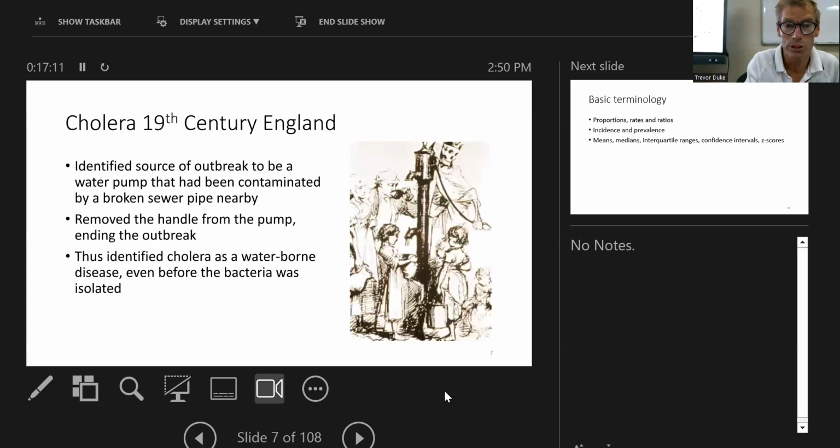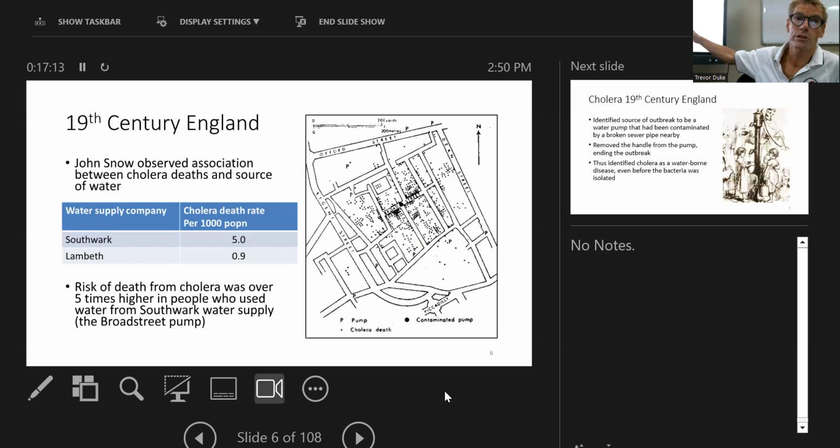And I think this sort of mapping is sometimes the best way to display epidemiology, depending on what your study is. There have been studies done in years gone by looking at referrals to a health facility, to a hospital, and the best way to display that is actually to map the cases.